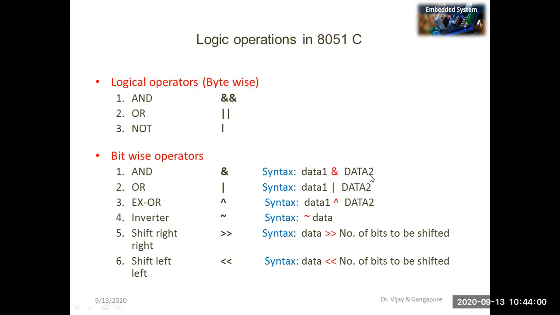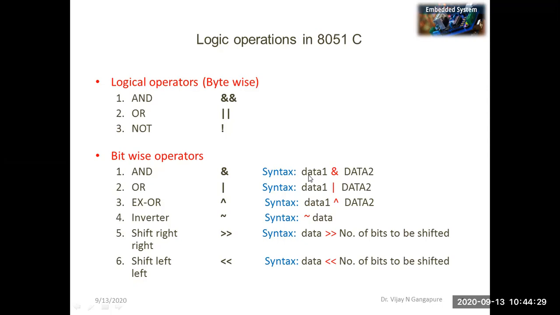it will perform the ANDing operation. After that ANDing operation, whatever result it gets, it will store in the resultant byte at the place of bit D0. Similarly, after that it will do the ANDing operation between bit D1 in data 1 and bit D1 of data 2, and whatever result, it will place in the position of bit D1 in the resultant byte.